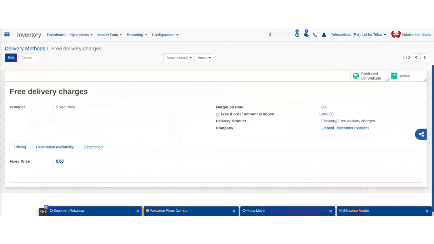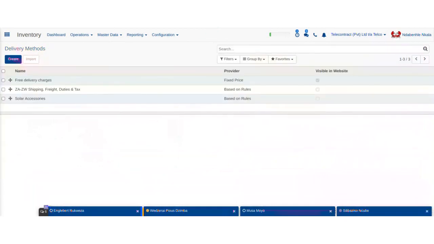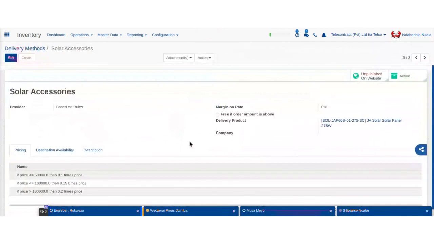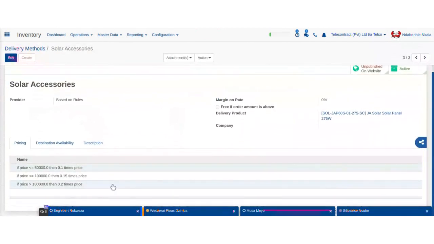Whether it's free or there's a charge to it, we can create the delivery methods that the salespeople will be able to select when they're creating their sale order. But as I said, traditionally for us, besides maybe the solar products now, this has not been a very big area. So we can create different delivery methods and different costs around that.